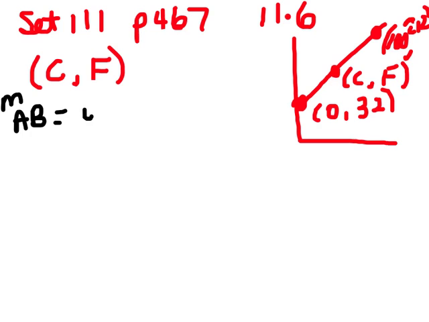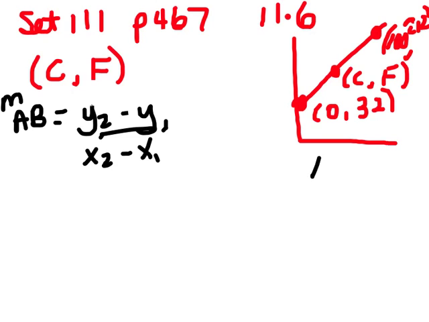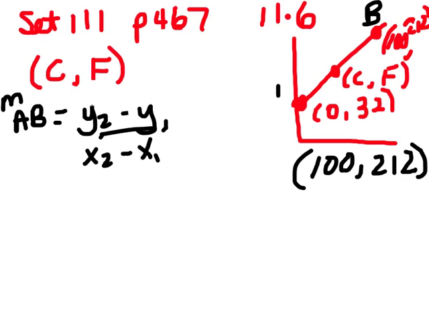It would be subtract your y's on top and subtract your x's on bottom. And what I'm going to do is pick the numbers so that we can actually get a number slope. So if we had 100 and 212, that's the point up here they call B. Let me show you a cool way to find the slope and not have to stretch it out so much.